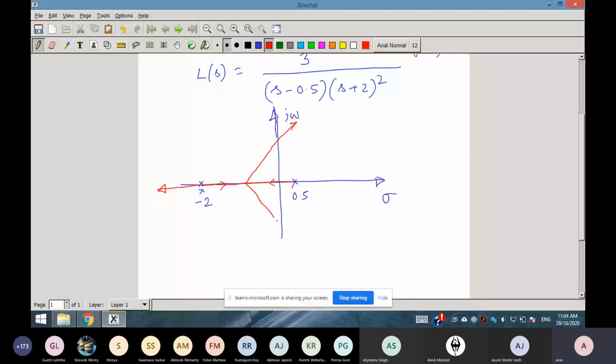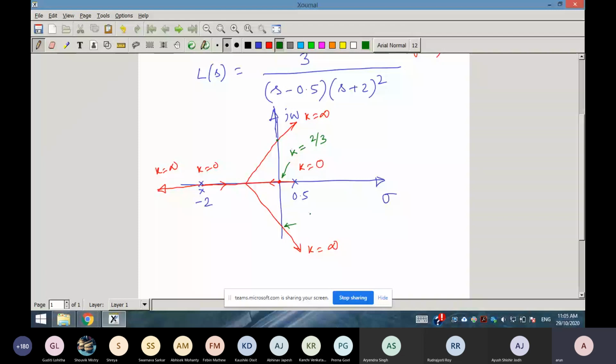Okay. So this is your k equal to 0, and here k equal to infinity, here k equal to infinity, here k equal to infinity. If you check this point here, k will be equal to 2 by 3, and here, whatever it is, k is equal to 3.